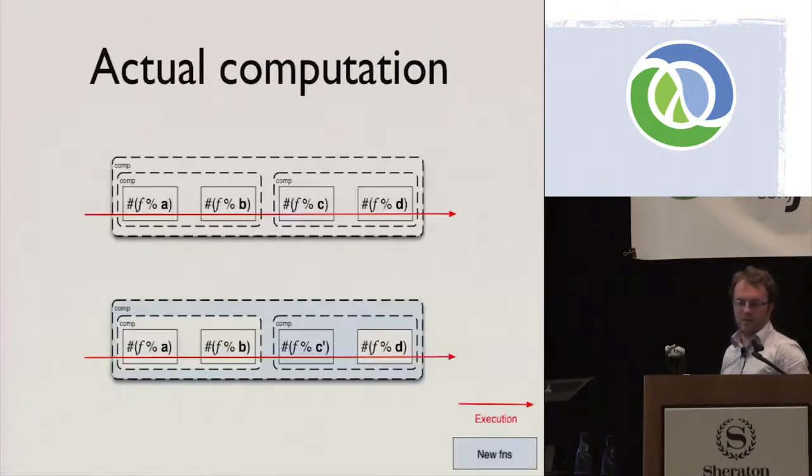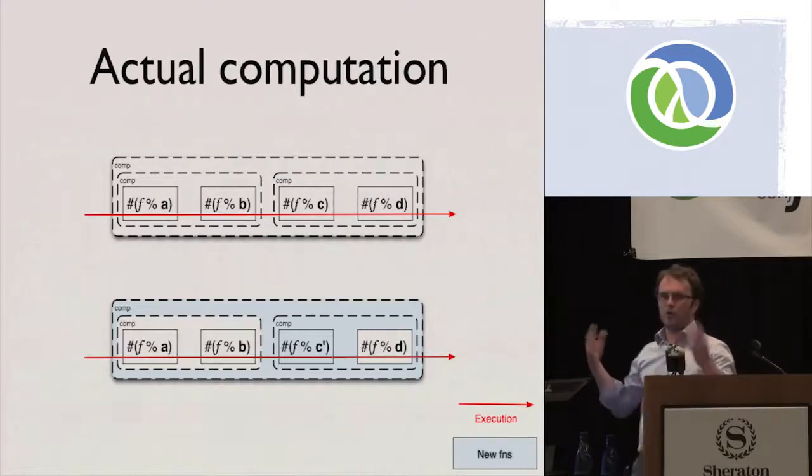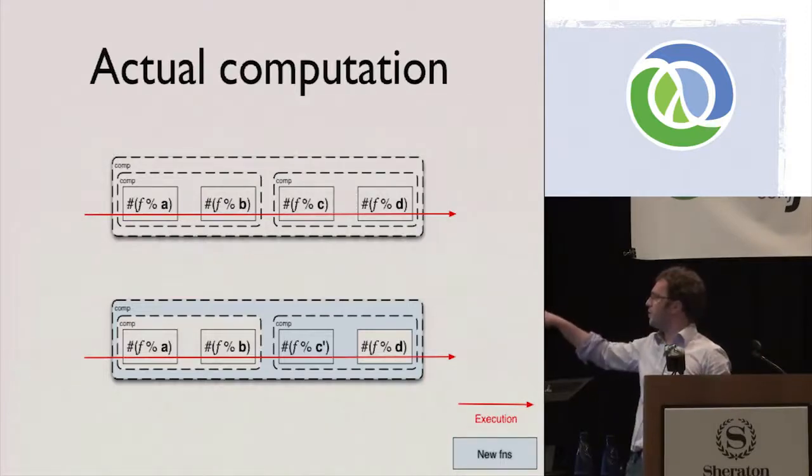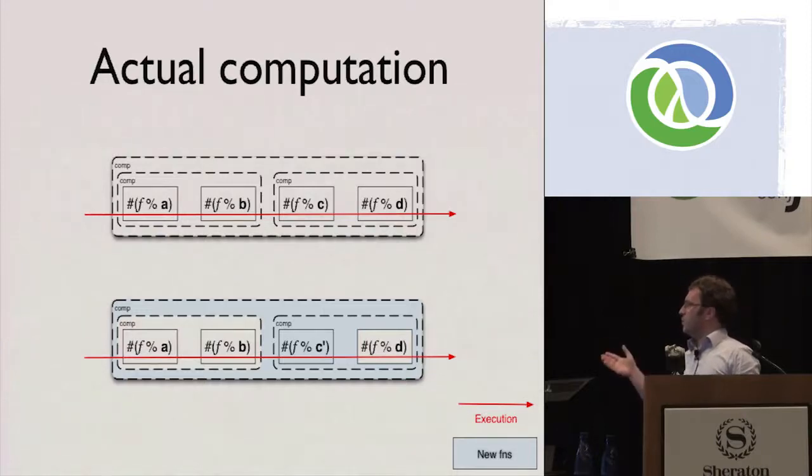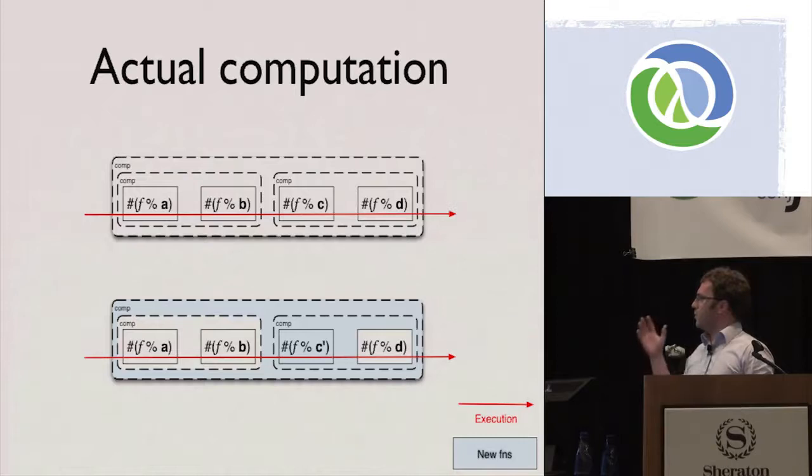Indeed, if we picture the actual computation, the first time we go through the computation of the composite function, in this picture, each box is a function. The boxes with dashed borders are compositions. And the red arrow is the execution flow. So the first time we want to compute the function, we need to go through all functions.